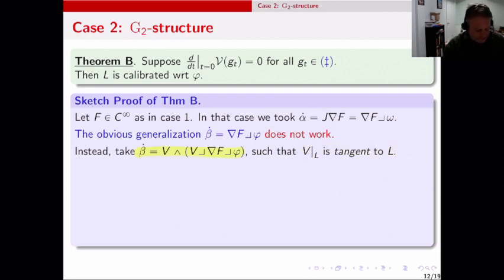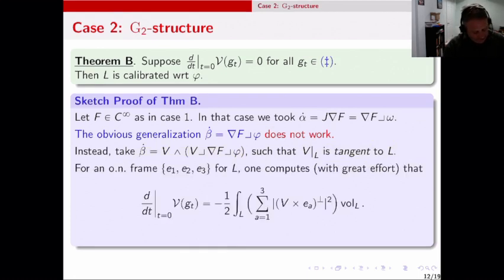And if you take this for beta dot, then using an orthonormal frame for L with a lot of hard work, you can compute that the first variation at time 0 for this particular variation again becomes something non-zero times a non-negative integrand, which is the sum of the squares of the norms of the normal part of V cross E_A.